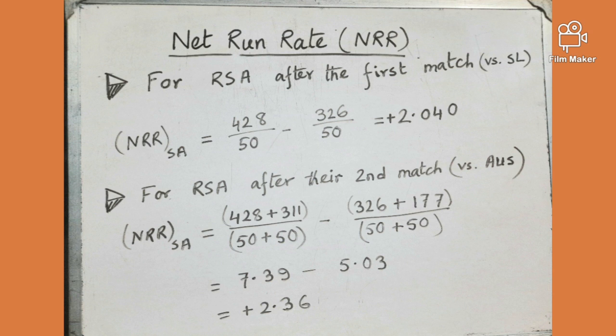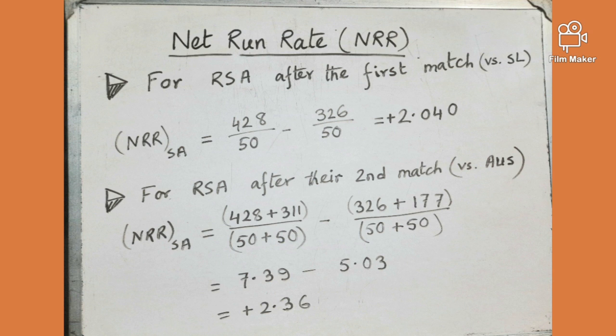And let us calculate the net run rate for South Africa. After the first match against Sri Lanka, the net run rate will be reached as 428 runs scored in 50 overs minus 326 runs scored by Sri Lanka divided by the full quota of overs 50, and that will be plus 2.040.